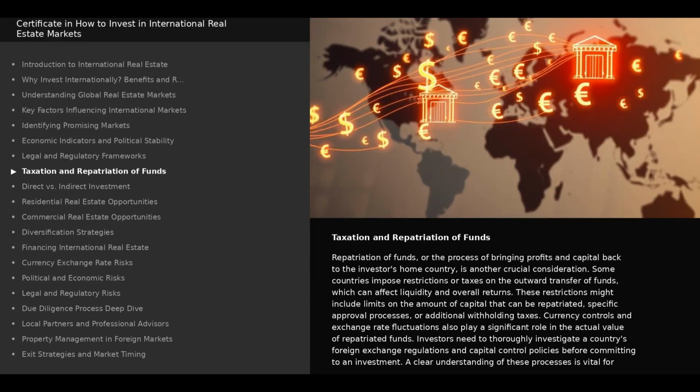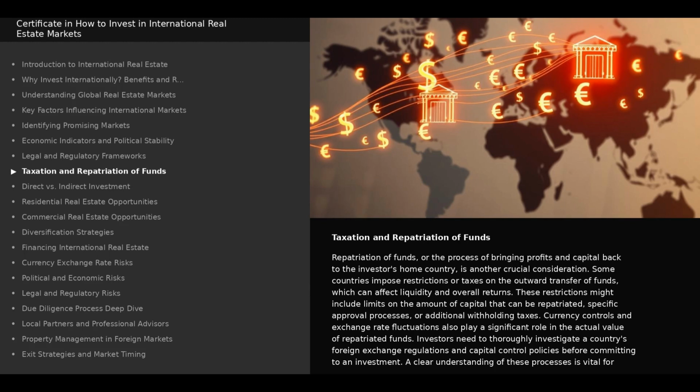Repatriation of funds, or the process of bringing profits and capital back to the investor's home country, is another crucial consideration. Some countries impose restrictions or taxes on the outward transfer of funds, which can affect liquidity and overall returns. These restrictions might include limits on the amount of capital that can be repatriated, specific approval processes, or additional withholding taxes.